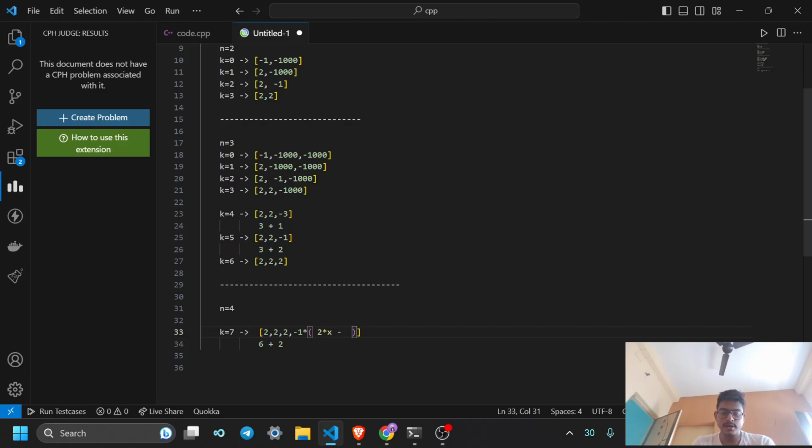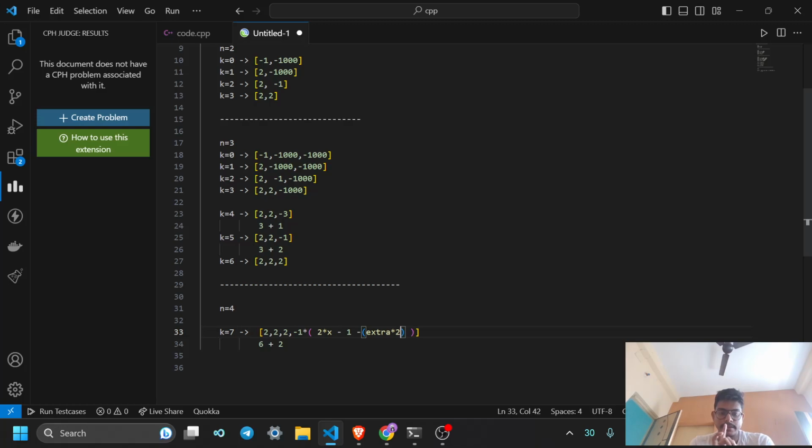So in case of 1, I need minus 5. So that will be minus 1, which will be pointing to minus 5. And then I need to negate extra multiplied by 2.